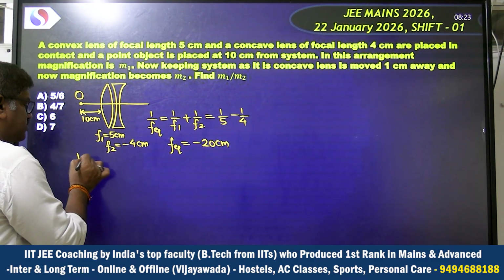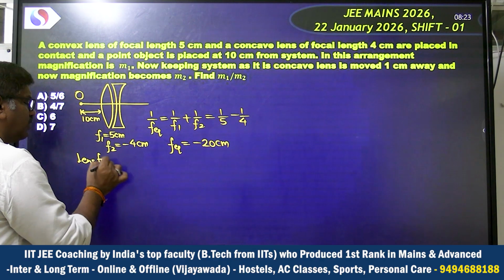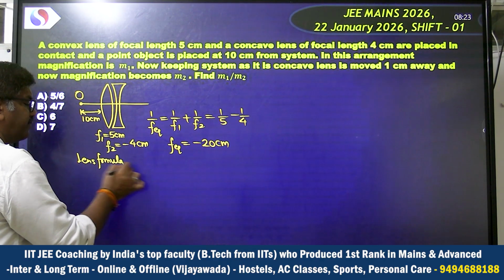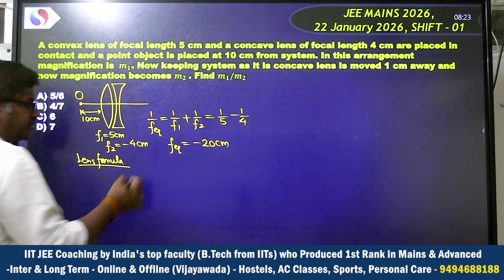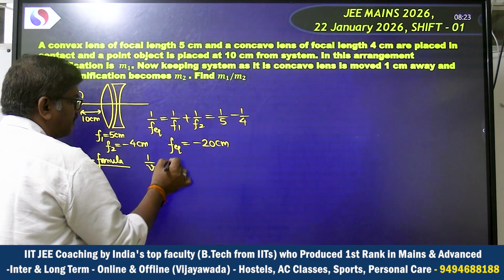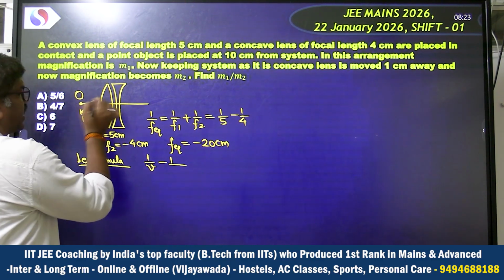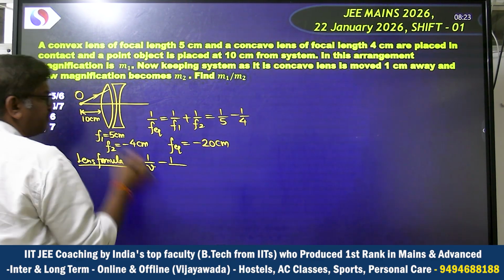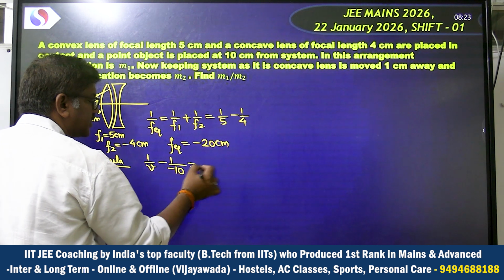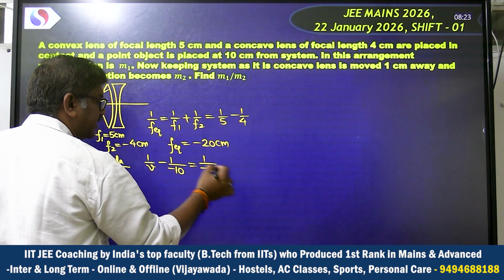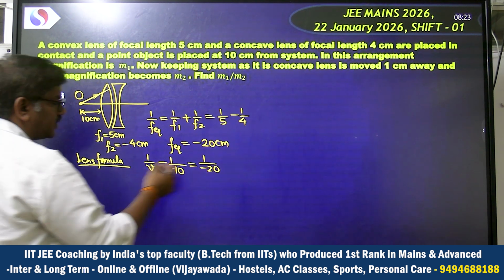And when you apply the lens formula, you will get V. Why do I want to get V? Because to find out the magnification. So 1 by V minus 1 by U, according to the sign convention, U becomes minus 10, is equal to 1 upon minus 20, that is your equivalent focal length. Just solve this.